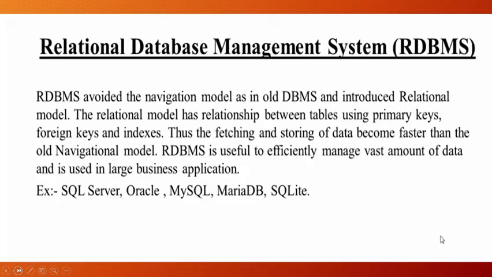So here in the relational model, it establishes the relationship between the tables, between the relations using the primary keys, the foreign keys, and the indexes. So with this, it becomes easier for the user to access the data, and the processing speed and the accessing speed is faster than the old navigational model, like we have the hierarchical model and the other conventional models.